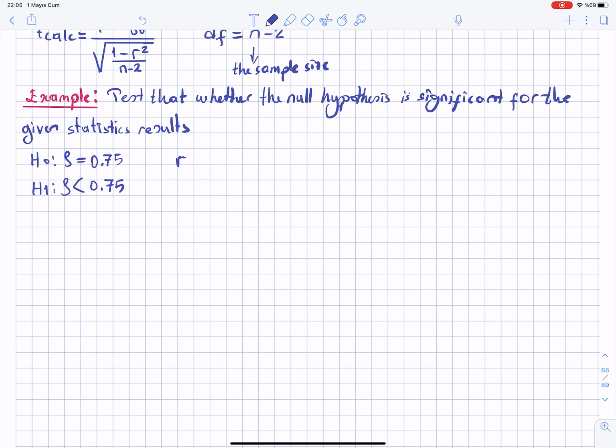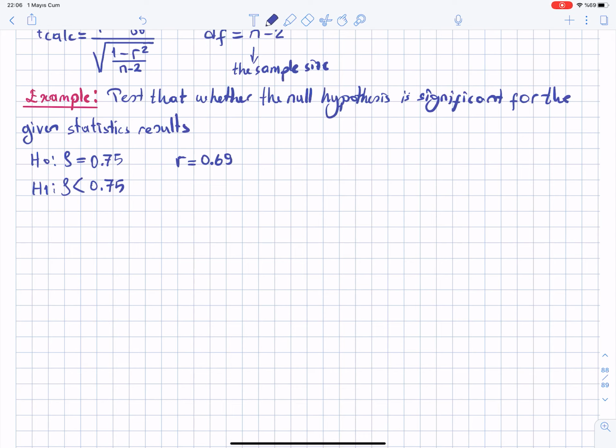Let's say this is calculated as 0.69. It seems that 0.69 is less than 0.75, but we're not sure whether this statistic is significantly less than 0.75.